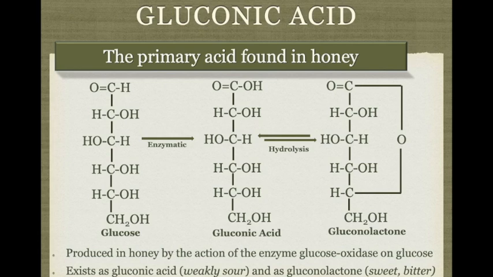So gluconic acid is the primary acid found in honey, and it's produced naturally through the action of the enzyme glucose oxidase on glucose, which is in the honey itself. What is interesting about gluconic acid is that it exists in balance between it and its lactone, gluconolactone.